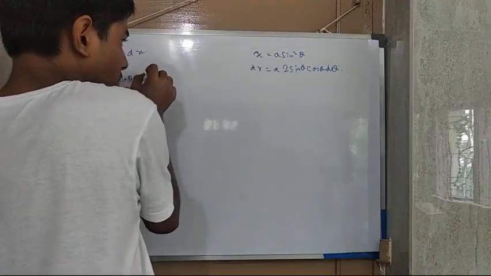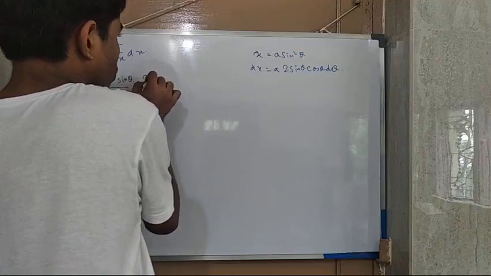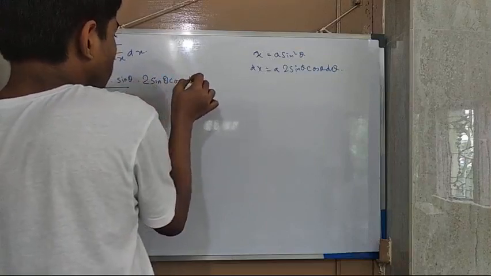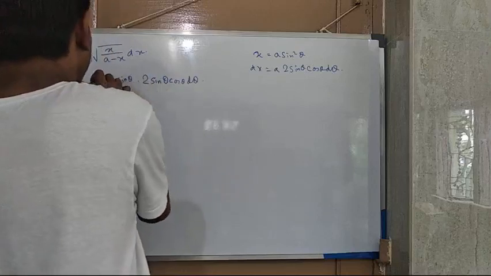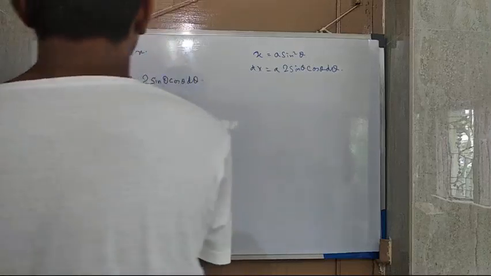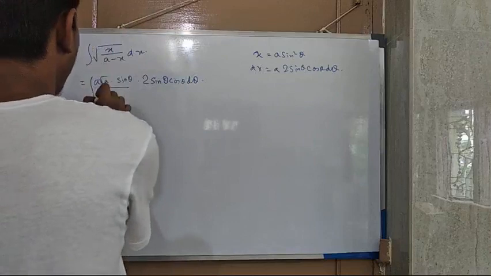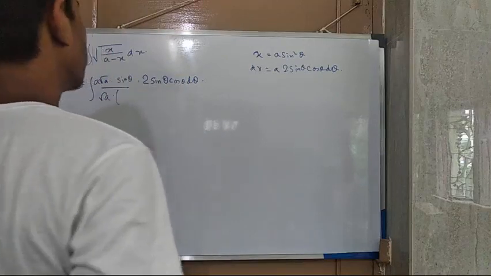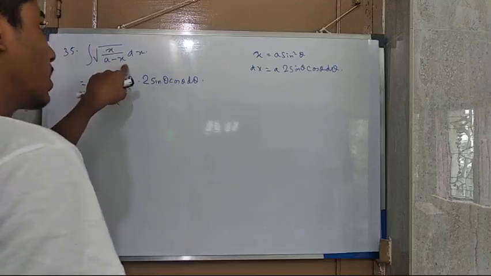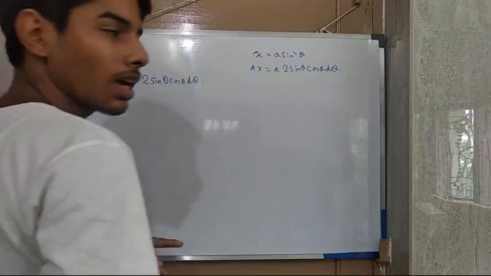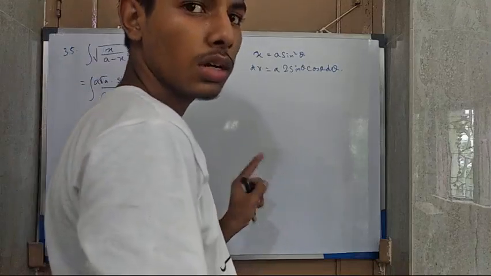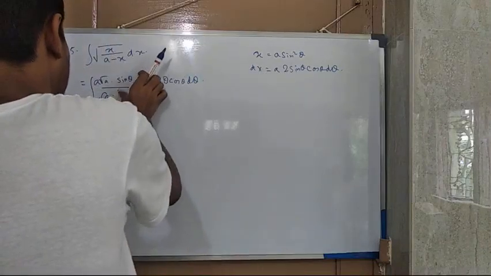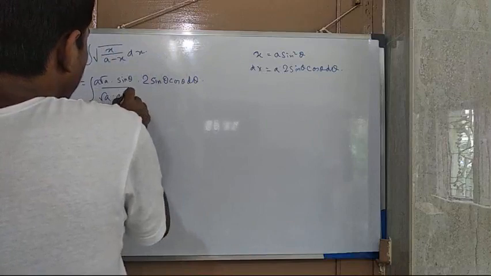So this is 2 sine theta cos theta d theta, and here is another a which comes from here, and the lower portion will become root a times, this becomes 1 minus sine squared theta. 1 minus sine squared theta is cos squared theta, and root under cos squared theta is cos theta. So this is root a times cos theta.